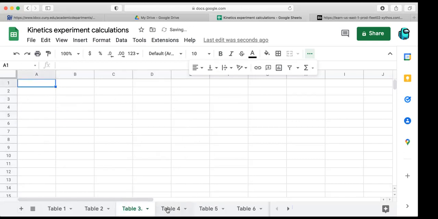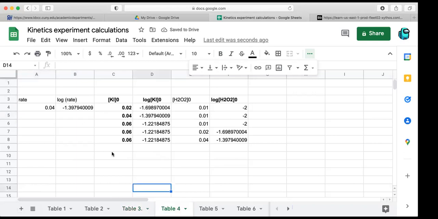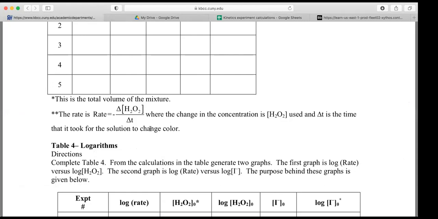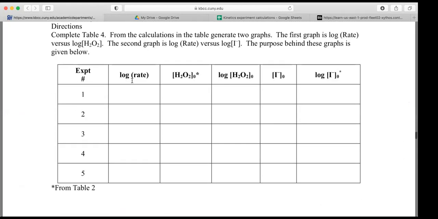There we go. Okay. So I skipped over 3 because I just kind of discussed how to do it, but this is table 4. Now you got your table 4. Logarithms, right? So log of the rate, and then log of H2O2, log of Ki.